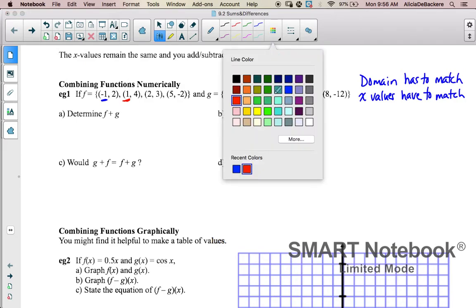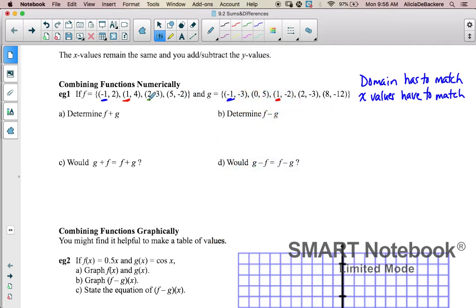And then I also see another match. Here I see that there's an x value of 2 in f and an x value of 2 in g. So that means that this point here in f with an x value of 5 has no match in g. So that x value will not end up in our new function. Only these 3 x values will end up in our new function.